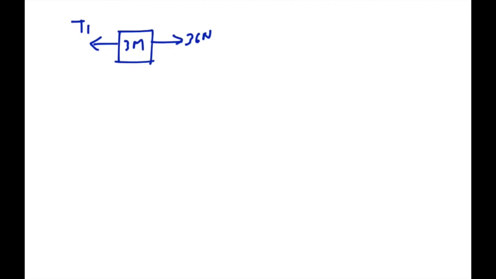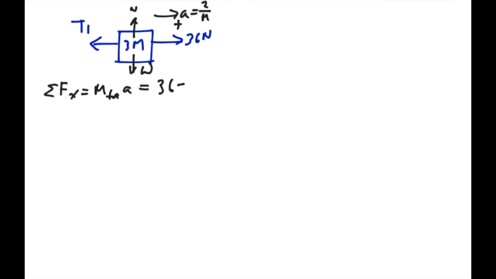If I set up Newton's second law just in the x direction for this, knowing that the acceleration is 2 divided by m, and of course we would have weight and a normal force, the acceleration is to the right in the x direction. So the summation of all the forces in the x direction is equal to our total mass times acceleration, and that will equal the total force in the direction of positive acceleration. So that will be 36 minus tension 1.